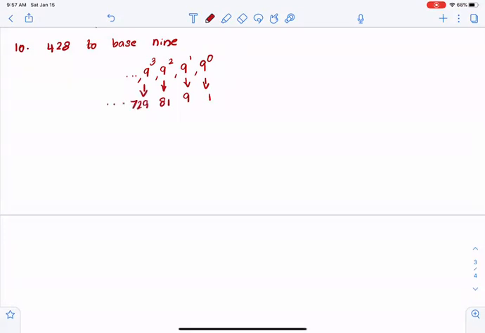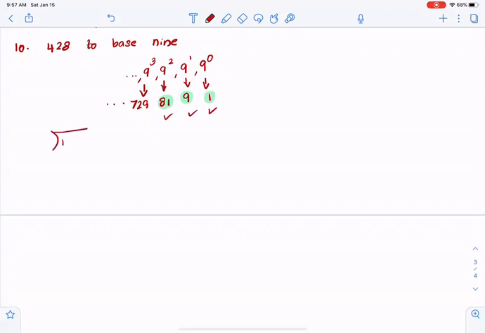Keep on going, but we're just going to deal with relatively small numbers. So very first step, you have to realize that the maximum value that we can go is up to 81. That would mean our base 9 number can only have 3 digits.